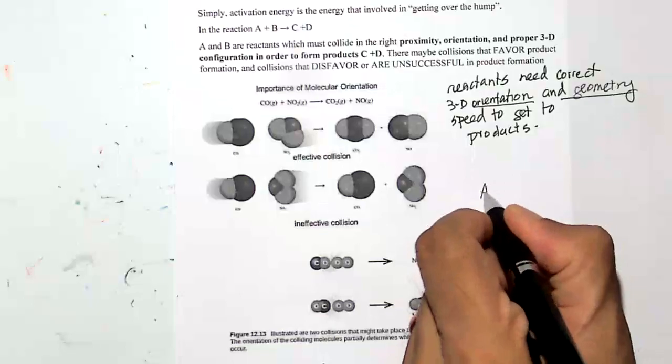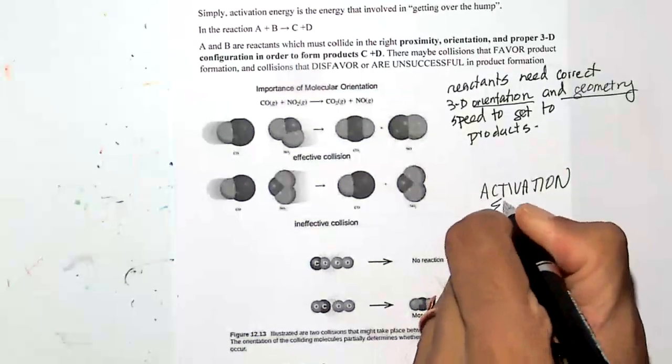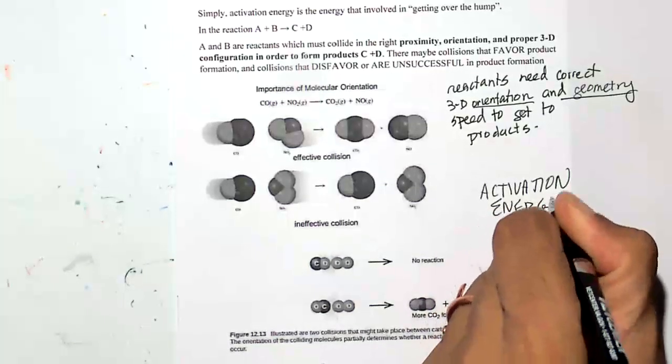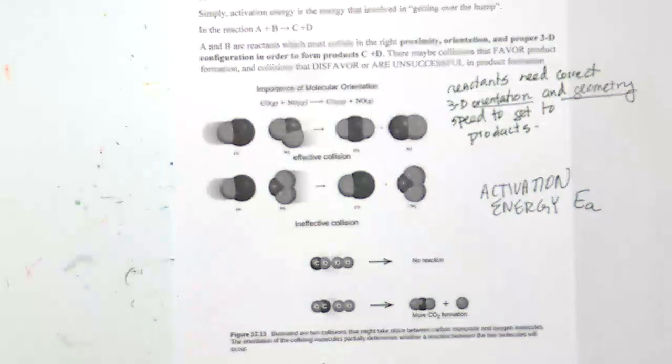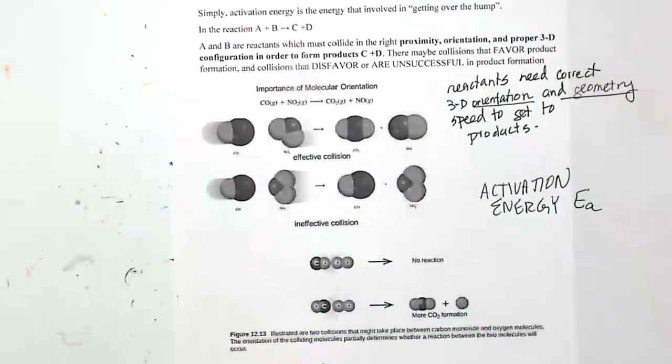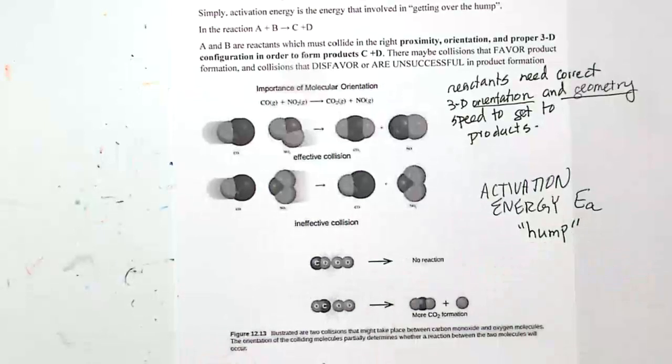For that you have to overcome what's called the activation energy. This is called activation energy, and that's EA. This is the hump. When you kick the soccer ball, you have to kick it with the right orientation and the right speed. That takes energy, that takes effort.